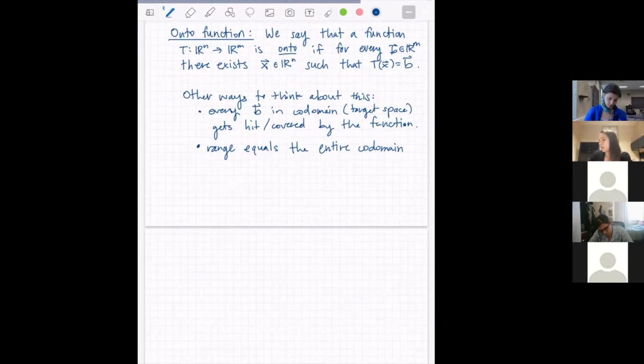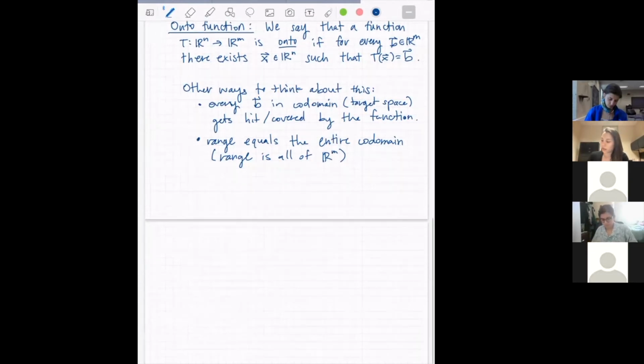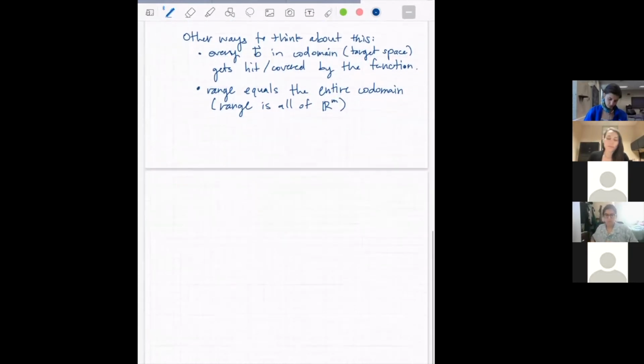And so this is saying that the range is the entire thing. Since we're talking about a function from Rn to Rm, this means the range is all of Rm. We're going to be consistent: n will be the dimension of our domain, and m will be the dimension of our codomain, so that we don't get things mixed up.